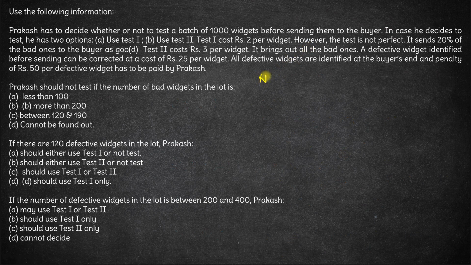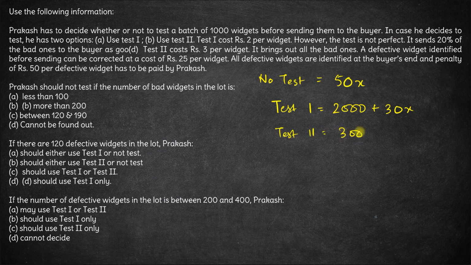For no test, the cost was 50 into x. For test 1, the cost is 2000 plus 30x, and for test 2 the cost is 3000 plus 25x. Okay, these are the costs.